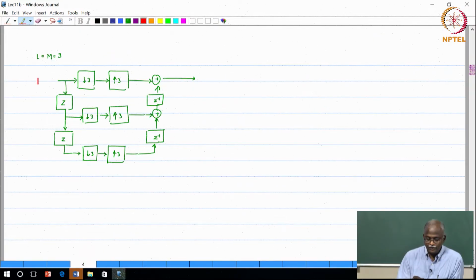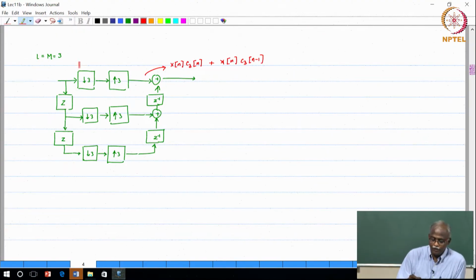In the second branch, the input goes through one advance unit, downsampling by a factor of 3, upsampling by a factor of 3, Z inverse. So at the output I have x of n, C3 of n from the top branch, plus x of n, C3 of n minus 1 from the second branch.